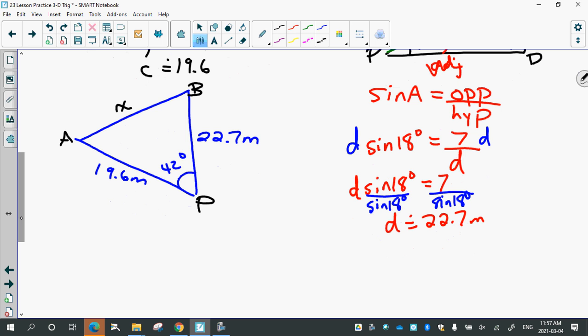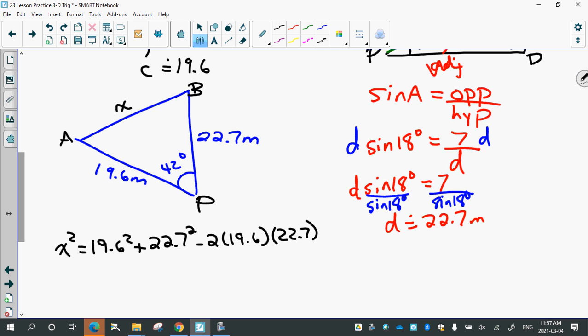I have side angle side, so I need to use the cosine law. Good. So it's going to be x squared equals 19.6 squared plus 22.7 squared minus 2 times 19.6 times 22.7 times the cosine of 42 degrees. And I should be able to get x squared by typing in my calculator.